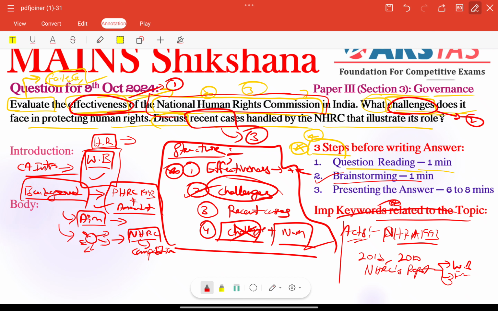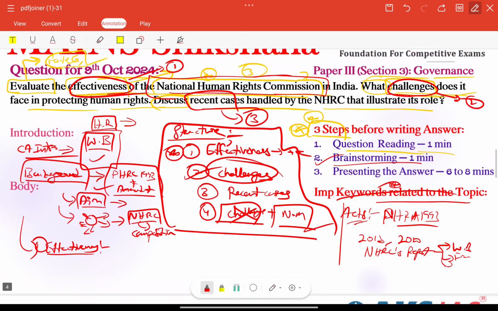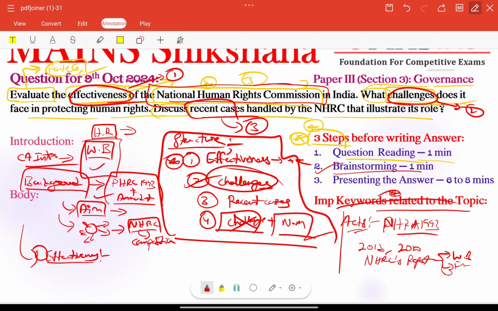Next, coming to the positive body part, that is effectiveness. First thing is effectiveness, we need to focus on providing here. First important thing is that it can handle quick interventions in rights violations. Quick interventions have played a significant role in addressing large scale violations, for example the Muzaffarnagar riots in 2013.